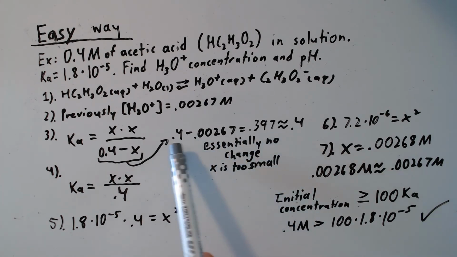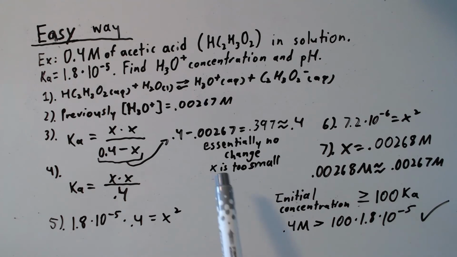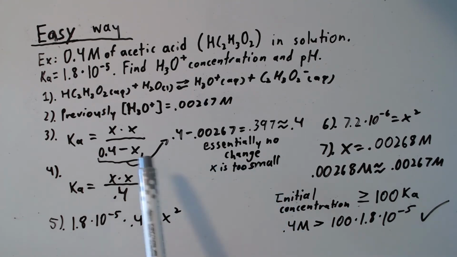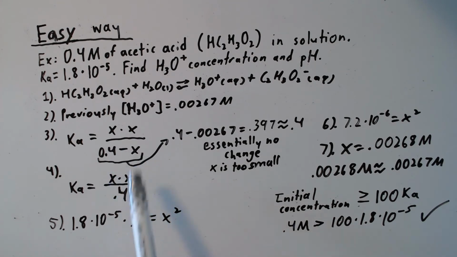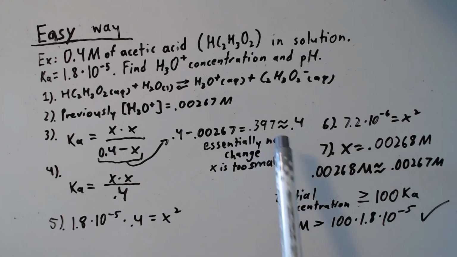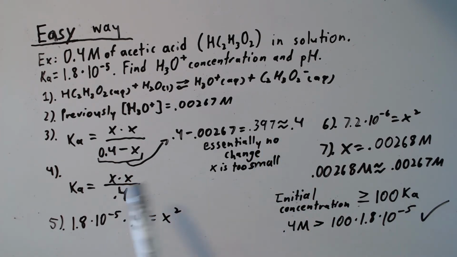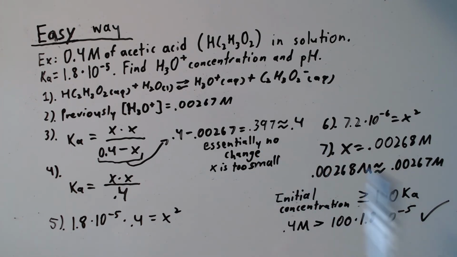So little of it actually dissolved in this reaction that we can approximate that the x was negligible, and we can take it out here and just keep the 0.4. Otherwise, for precision, we can just put 0.397, but that won't make much of a difference in what we find for x, because 0.397 and 0.4 are virtually the same.